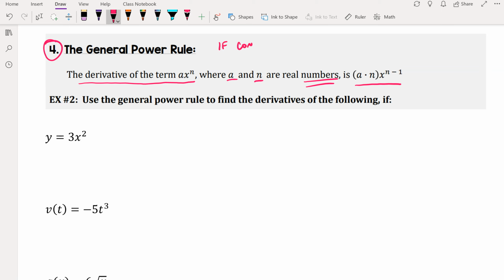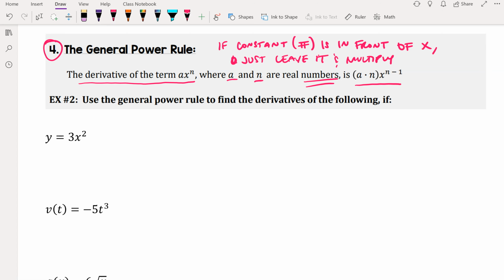If a constant or a number is in front of x, just leave it, and multiply. Okay, and I will show you examples.